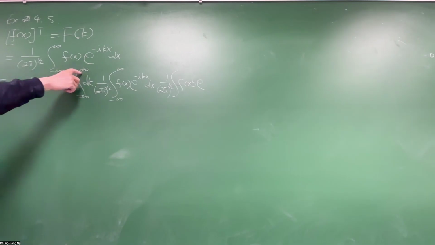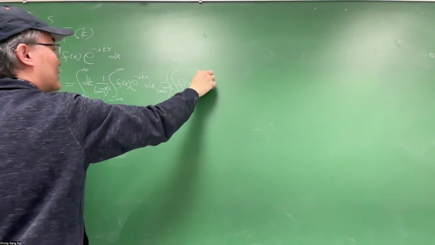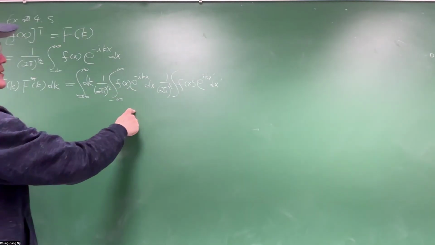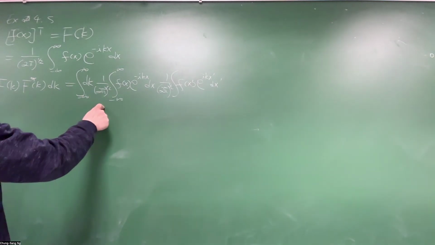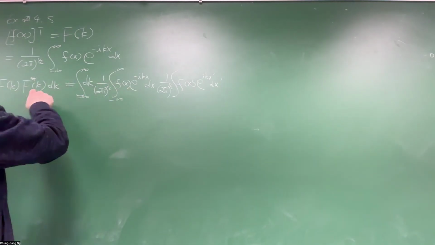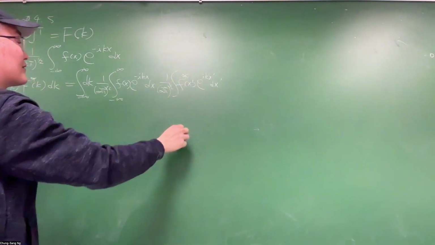You integrate along real k. So this becomes i k x prime. It's just direct substitution, and we have everything: dk, and F complex conjugate.